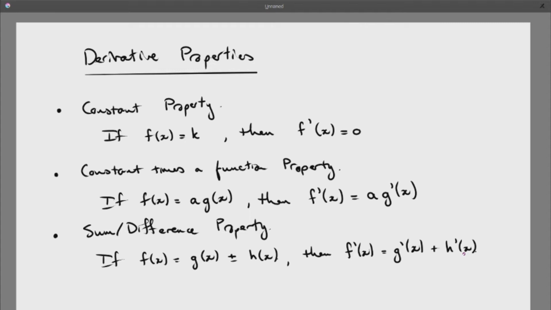Giving me a chance to work with derivatives, slopes, and all of those kinds of things of much more complicated functions by just piecing the derivative of the individual terms together.